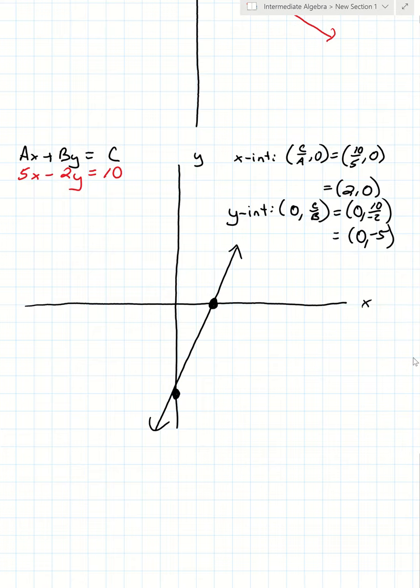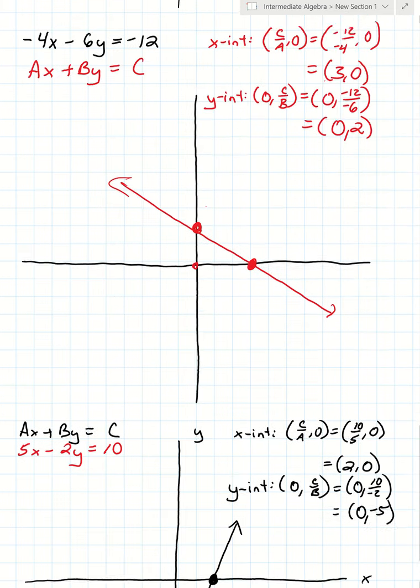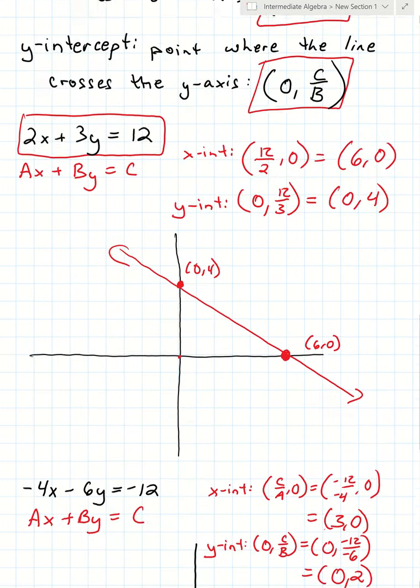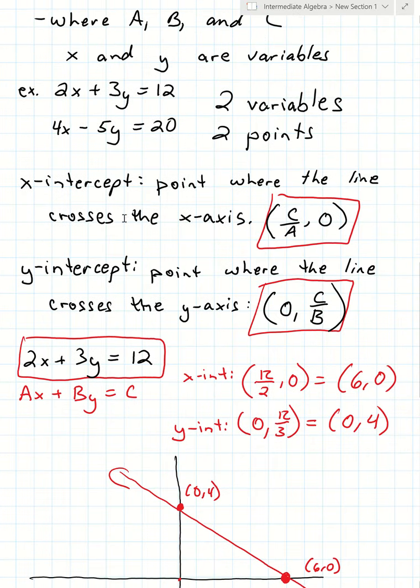You'll notice that the line is slanted, diagonal, and once again, that is because you have 2 variables. I had said earlier that when you have 2 variables, you must have 2 points. And when you have those 2 points, you will always form a slant or diagonal line.